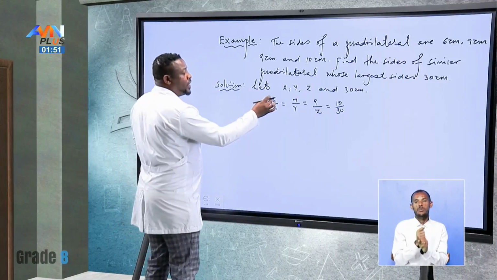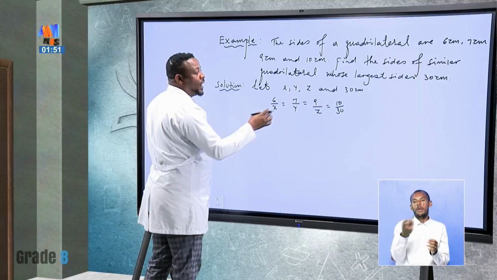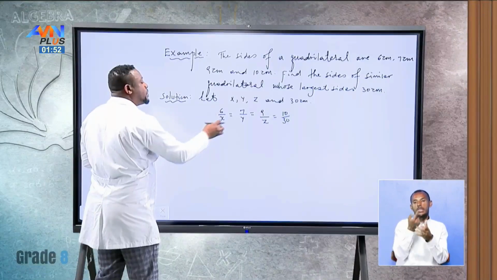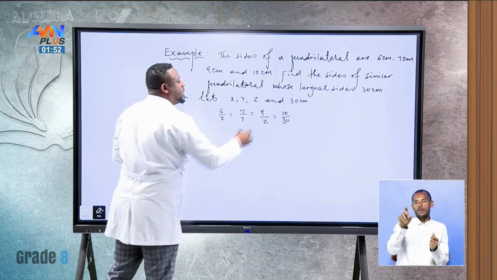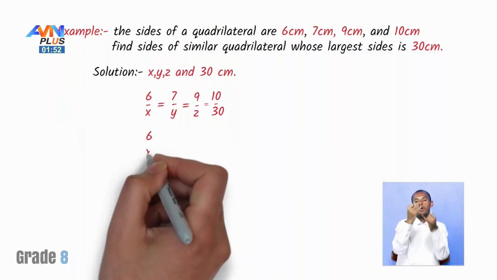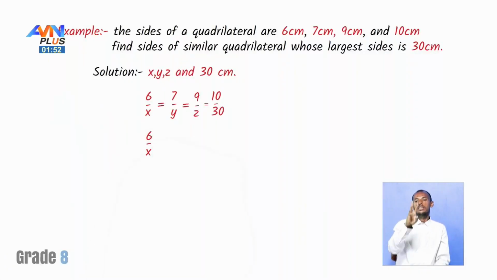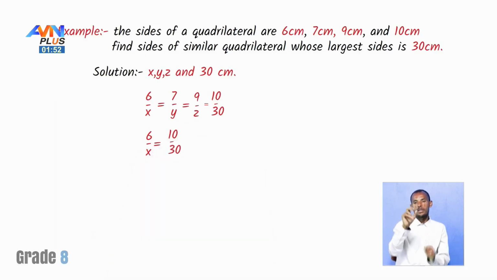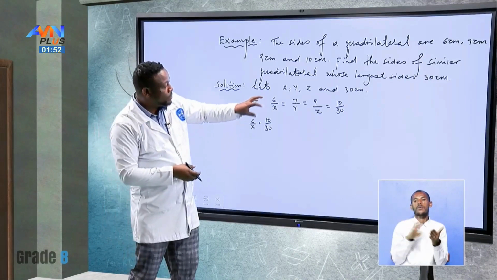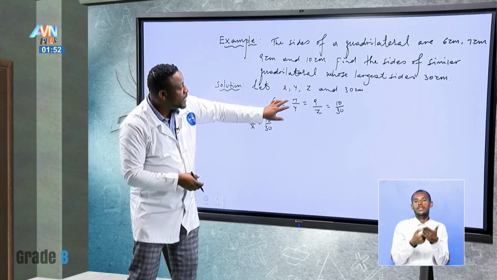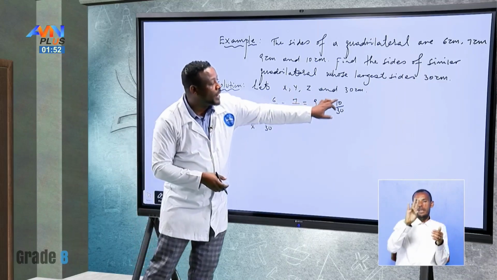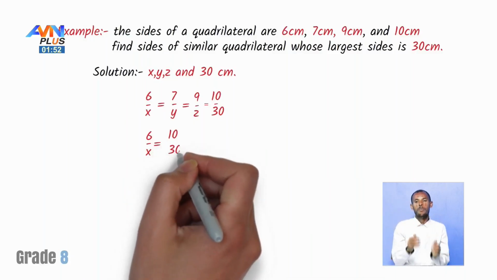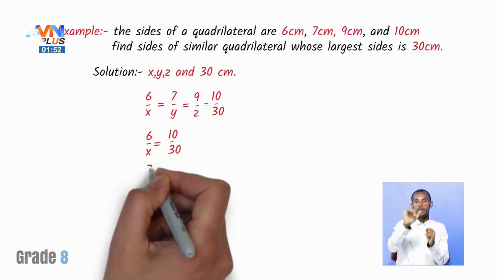Now let's take a pair of ratios and solve each variable separately. So take 6 over x and 10 over 30. Okay, 6 over x must be the same as 10 over 30. The other thing that we can take from this equation is 7 over y and 10 over 30 are the same.